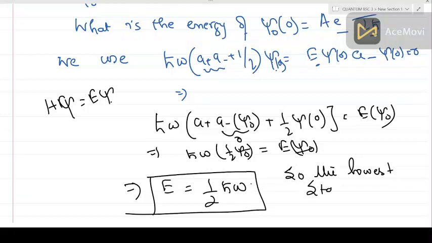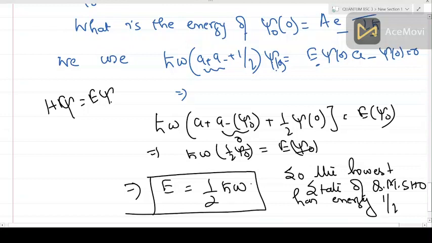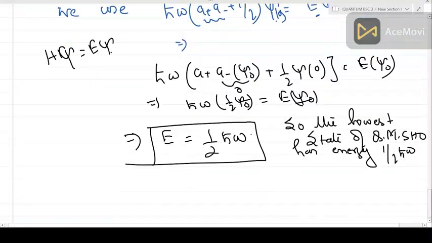So the lowest state of the quantum mechanical simple harmonic oscillator has energy half h bar omega. This is the most significant result that you are getting in quantum mechanics, perhaps for the first time. This is the lowest step of the ladder. If this is the ladder, this is the lowest step.